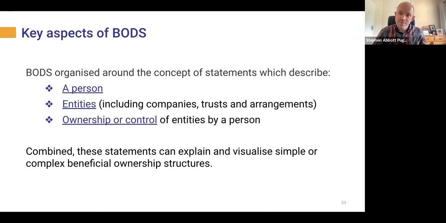To echo the point I was saying earlier on about what you want to collect when you need to understand beneficial ownership data. You need information on people, you need information on entities, or like we said here, companies, trusts, and arrangements, and you need to understand how those people own or control those companies or those entities.